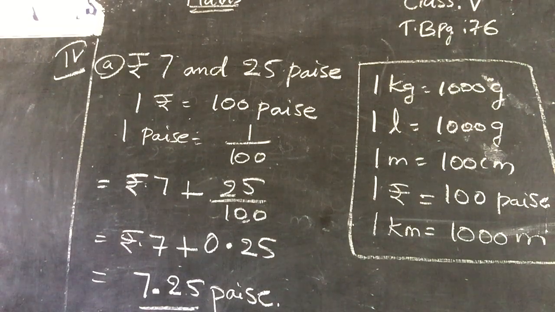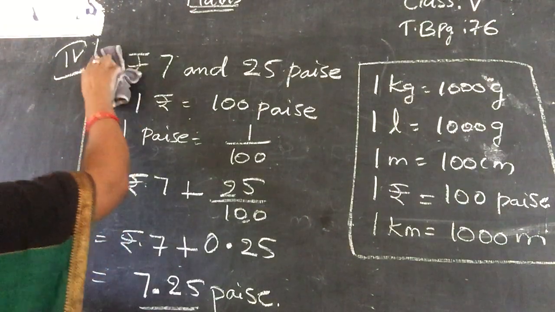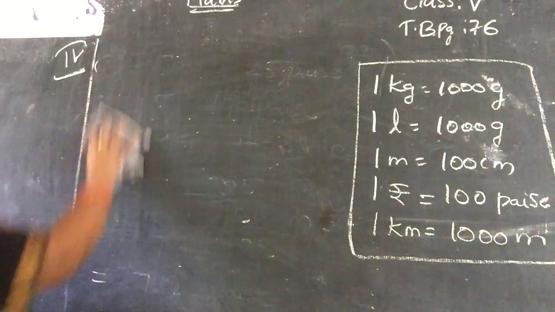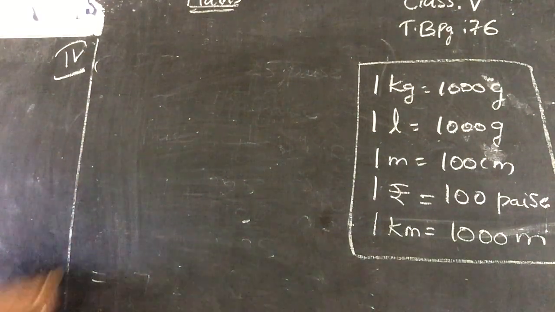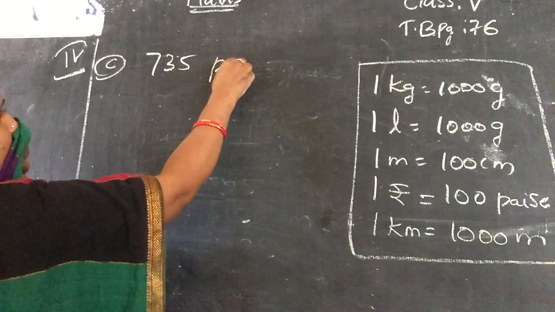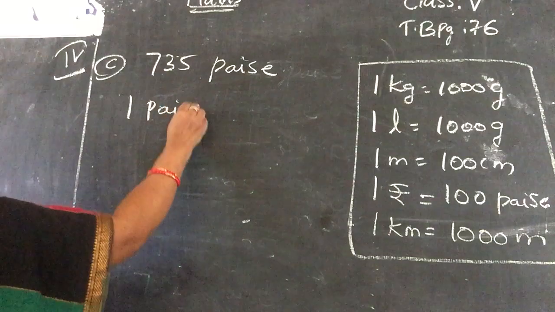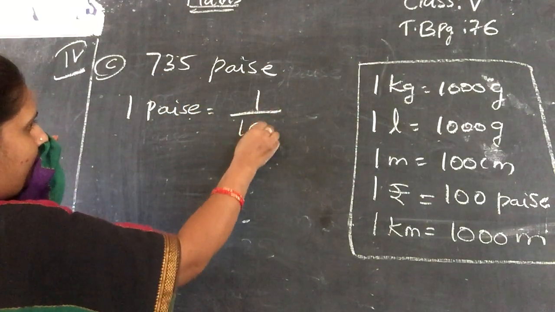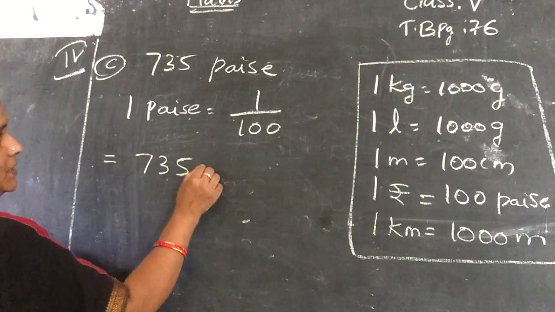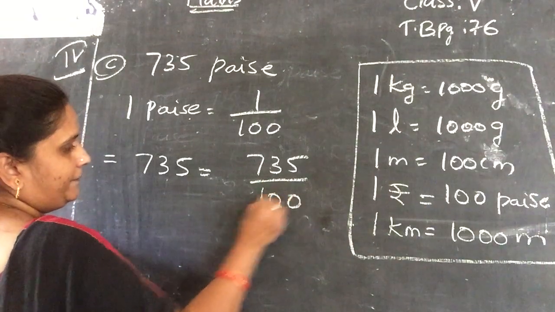Next, C: 735 paise. Write down 1 paisa is equal to 1 by 100. 735 is equal to 735 by 100.